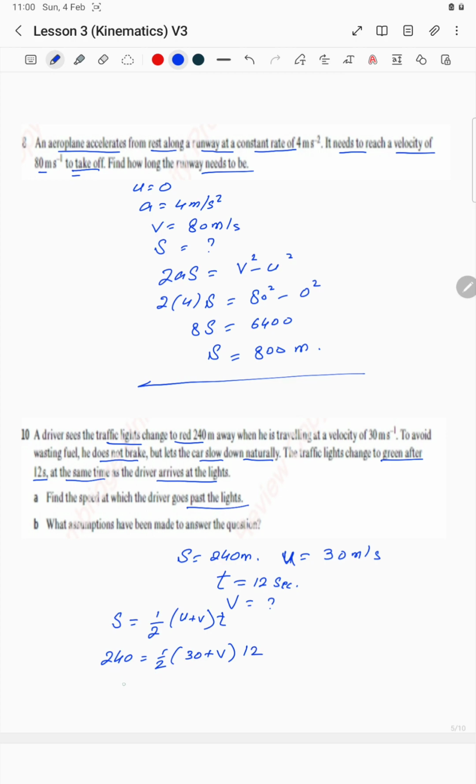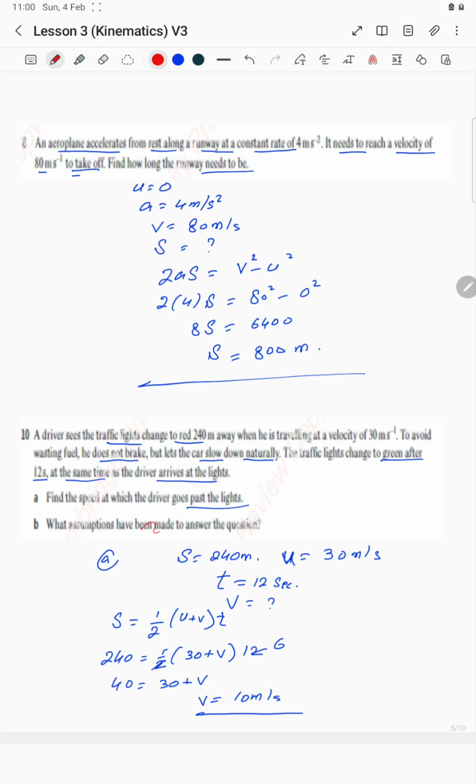So 12 times 12 is 24 after halving. Simplify it, we get 40 is equal to 30 plus v, so v will be 10 meter per second. This is the answer for part A. I hope it is clear.